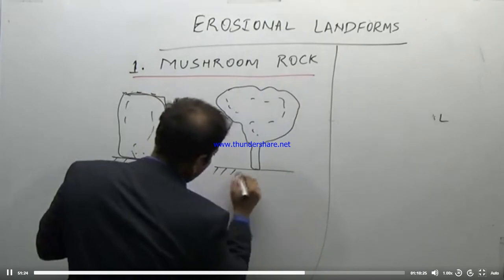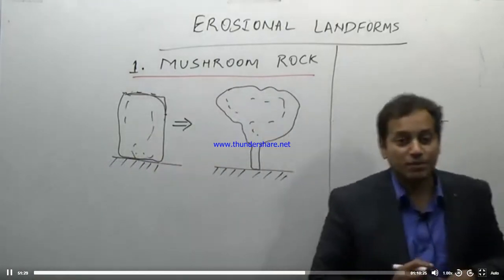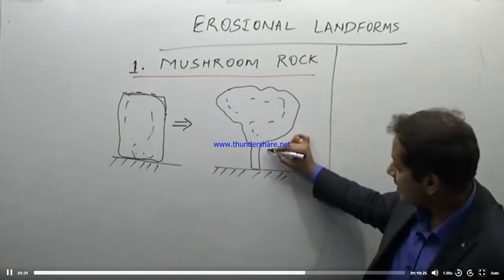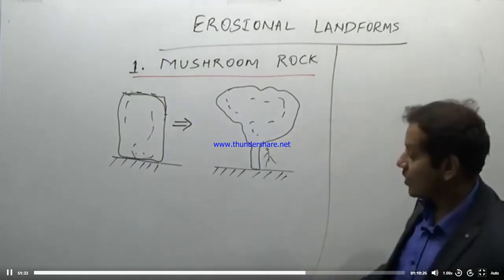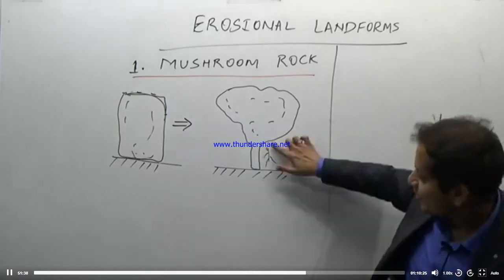Such a rock looks umbrella shaped or mushroom shaped, so that you can even stand sometimes below the rock, resulting in a rock known as a mushroom rock.